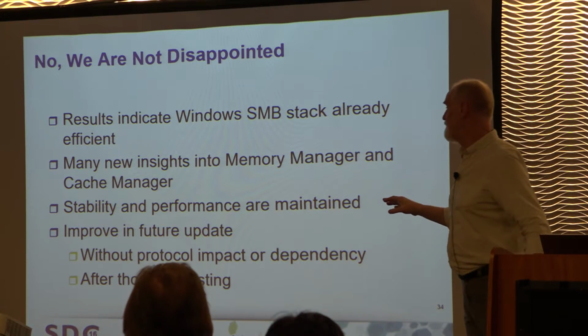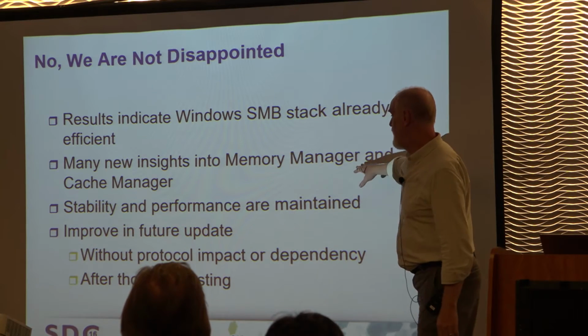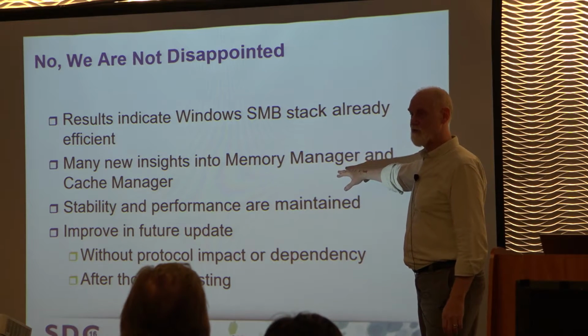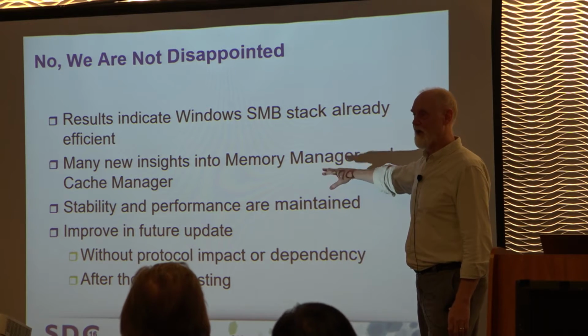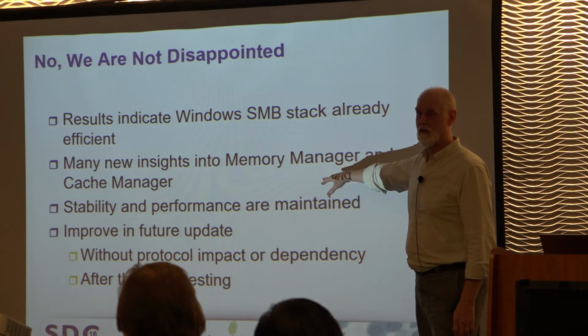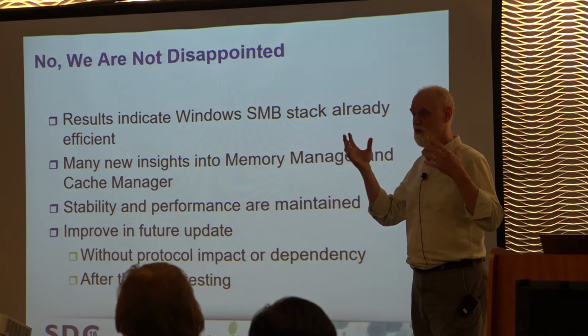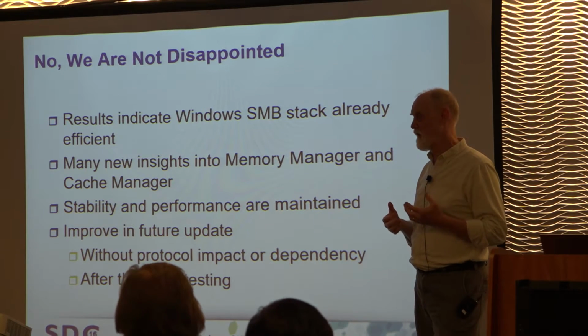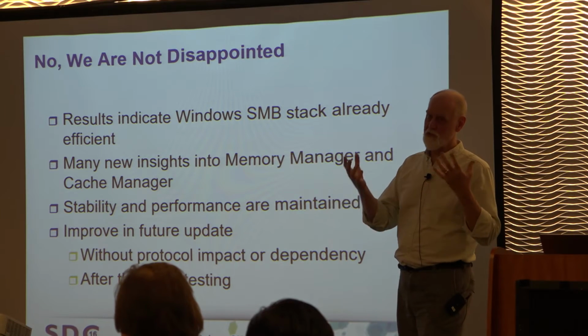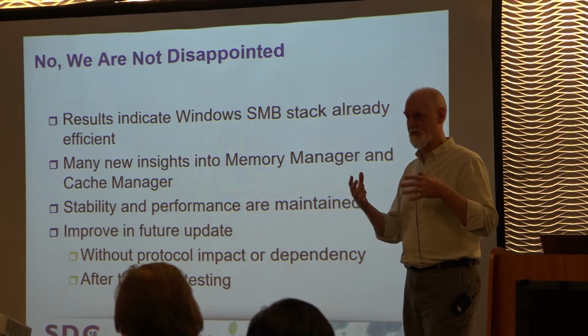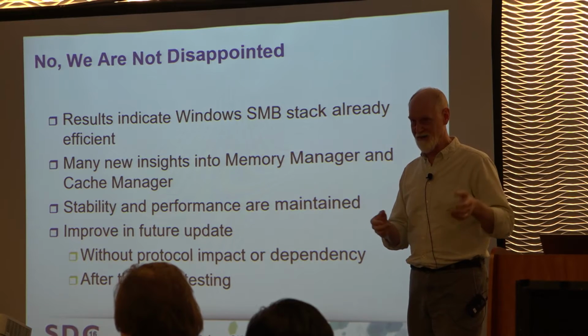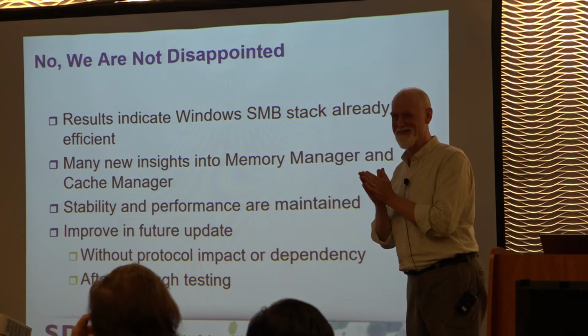We basically discovered that Memory Manager and Cache Manager, these are MM and CC in Windows, are not quite ready to do it at this IOP rate, in other words, to map and unmap pages from a file at this kind of rate. They're used to doing persistent mappings or long-lived mappings, something that lasts for seconds, minutes, whatever, not a few microseconds, right?